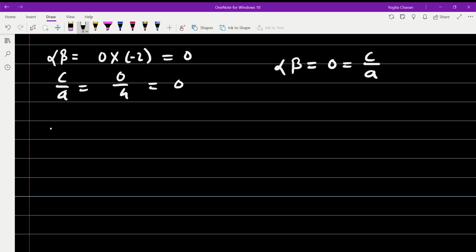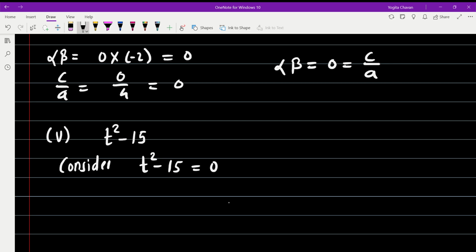Now number 5, it is t square minus 15. Okay, so consider t square minus 15 is equal to 0. So this is same as t square minus root 15, its square, is equal to 0.